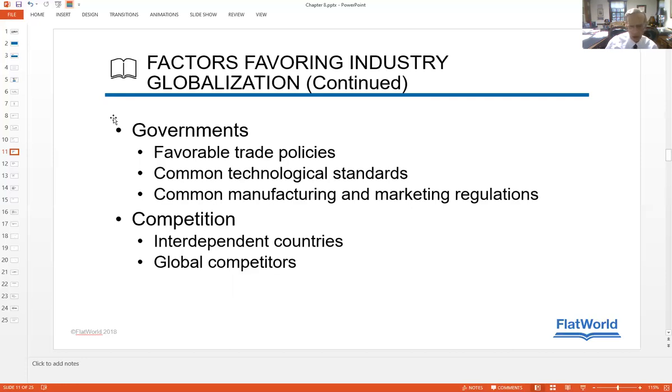If countries are interdependent, if you're, for instance, able to manufacture a product in one country and then deliver it and use it in multiple countries within a region, you can capitalize on their interdependence.